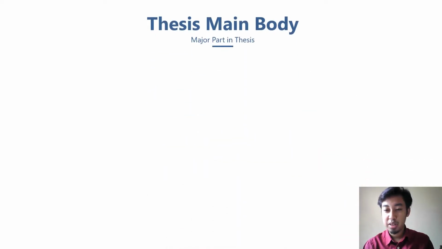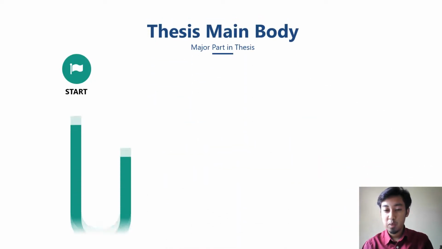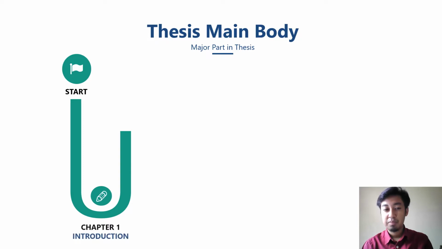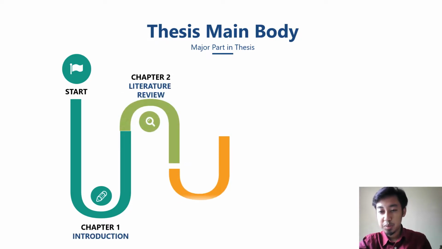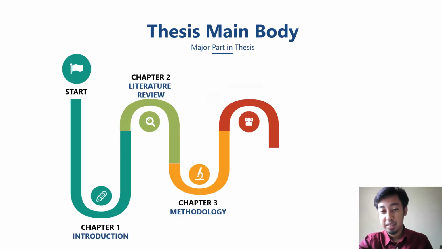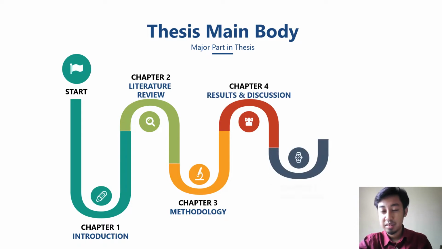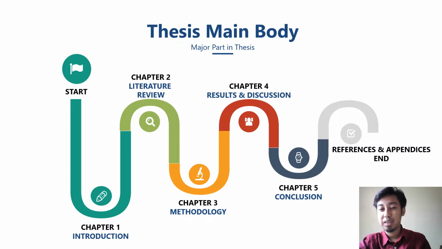We have the main body: chapter 1, introduction; chapter 2, literature review; chapter 3, methodology; chapter 4, result and discussion; chapter 5, conclusion; and last but not least, references and appendices.